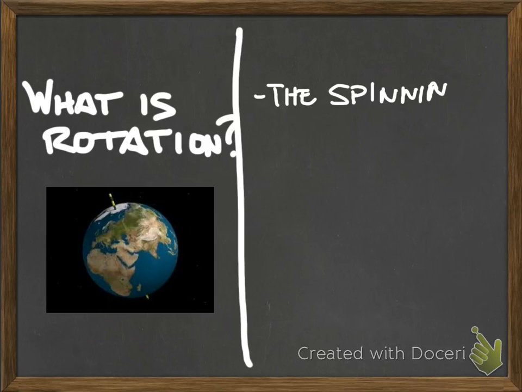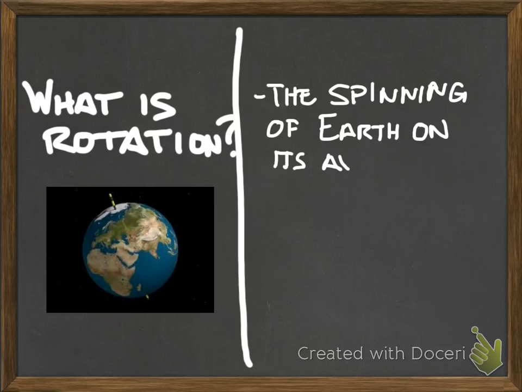Now, on the picture that you see on the bottom left is a picture of our Earth. You can see that there's an imaginary pole right through the middle of it. And what rotation basically explains is that the Earth is spinning around that axis in that direction.